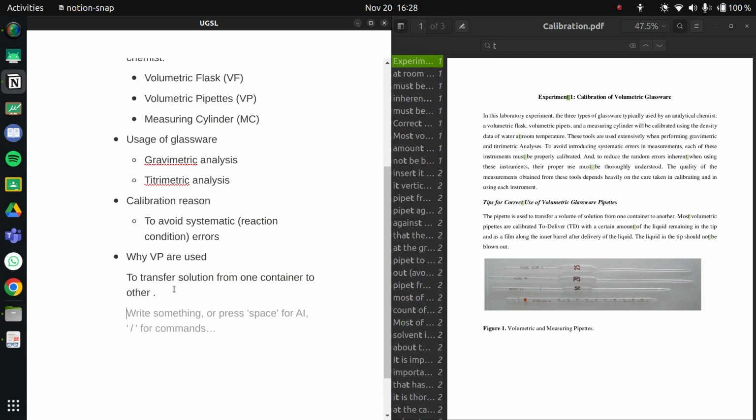Most volumetric pipettes are calibrated to deliver with a certain amount of the liquid remaining in the tip and as a film along the inner barrel after the delivery of the liquid. They're calibrated to deliver. What does that even mean?